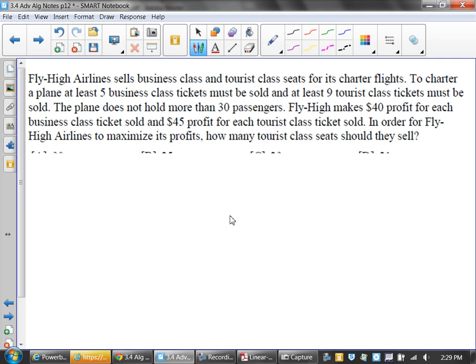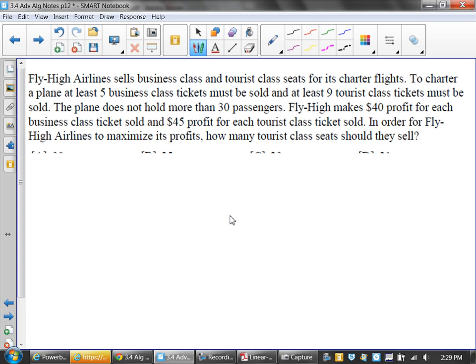So let's take a look at how these are set up. I'm going to give you guys a little bit of time to try this on your own here. On these first couple of problems, as you read through them, they're asking you to maximize specific things. In the first problem, it says, in order for them to maximize profits, how many tourist seats should they sell?